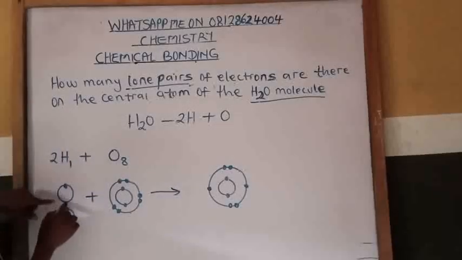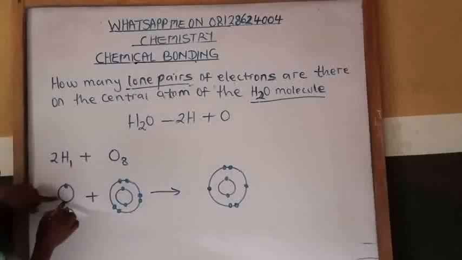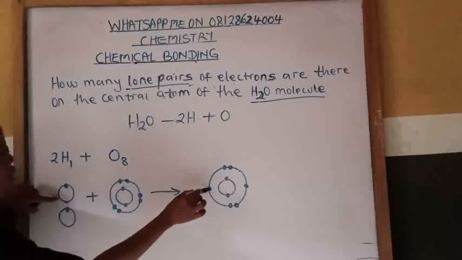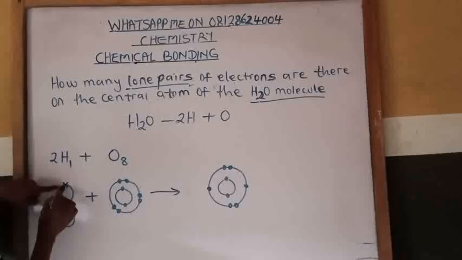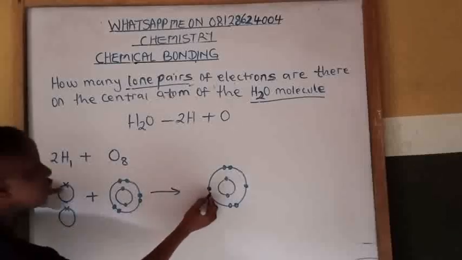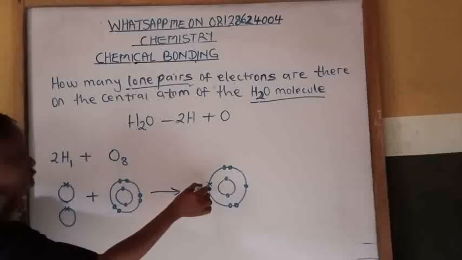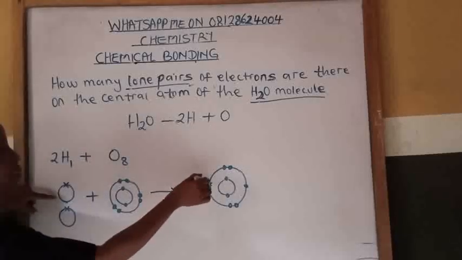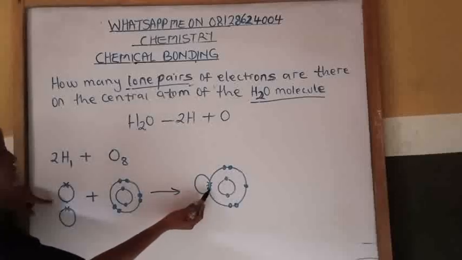Now, hydrogen will share electrons with oxygen. The first hydrogen will share an electron with oxygen. Let me use a star to represent the electron on hydrogen. So this hydrogen now will come here and share an electron with oxygen. So this is the electron from hydrogen now. The electronic shell of hydrogen will now pair; it will share an electron with oxygen.